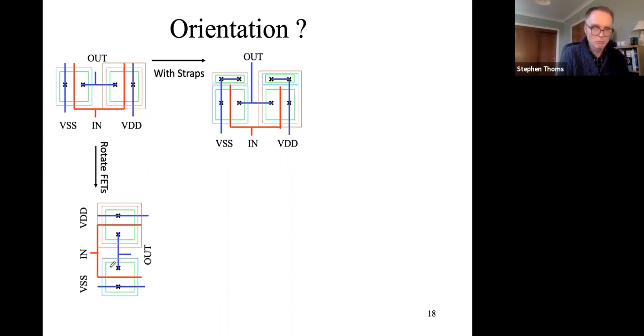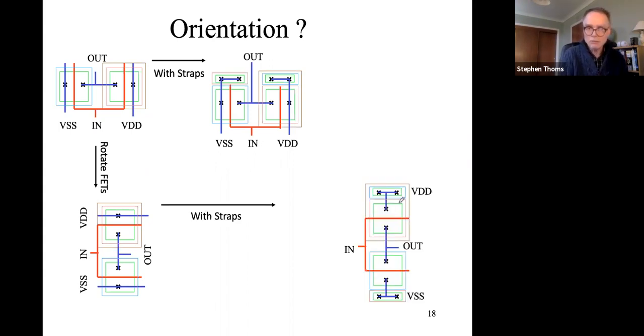So this and this are pretty much the same thing. Simply rotate it through 90 degrees. And then when I add the straps, I've got the straps at the top, and I've got the strap at the bottom, which would effectively be the same as just putting the straps left and right here. So that doesn't look like we've made any significant changes at the moment.